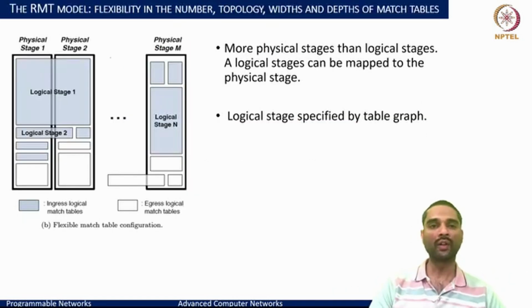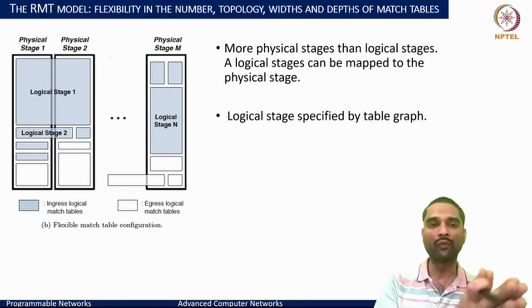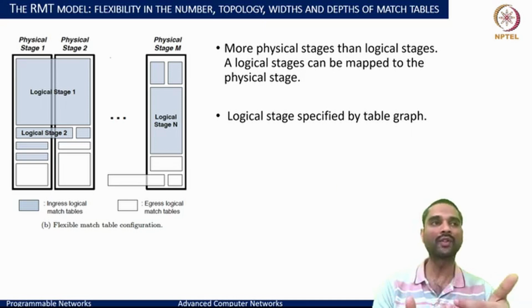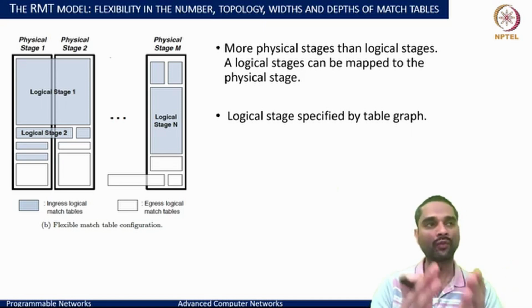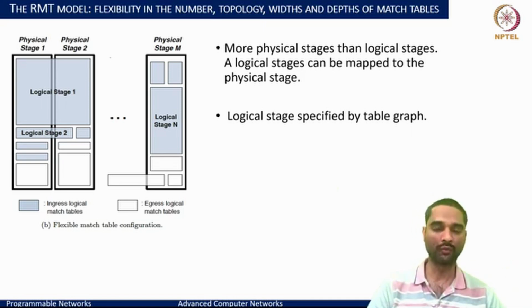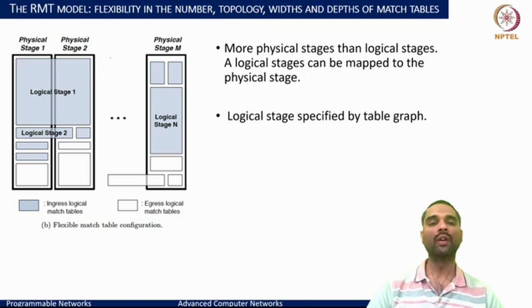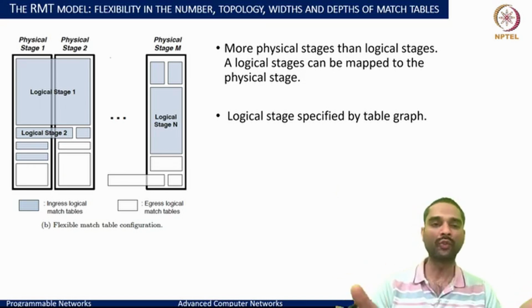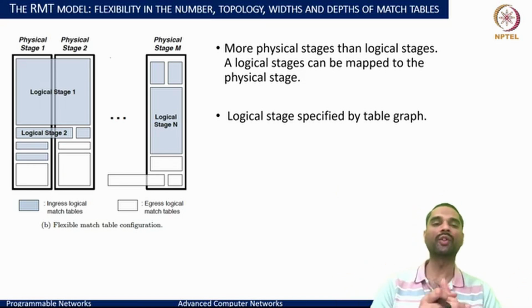So now let's look at what other aspects there are when we think of a logical stage versus a physical stage. When we looked at the hardware ASICs, they may have a certain set of physical stages that are hardwired. But as a logical stage that we want to set up, we would want to define different widths on which we want to match, and different sets of actions that we want to take.